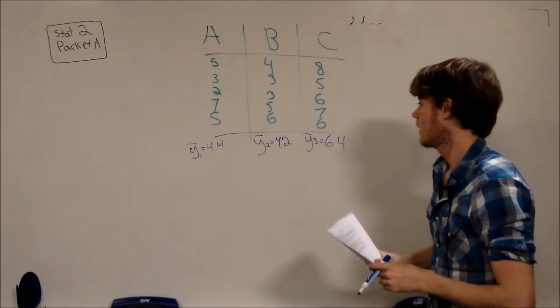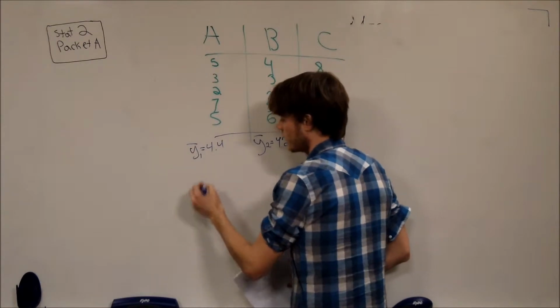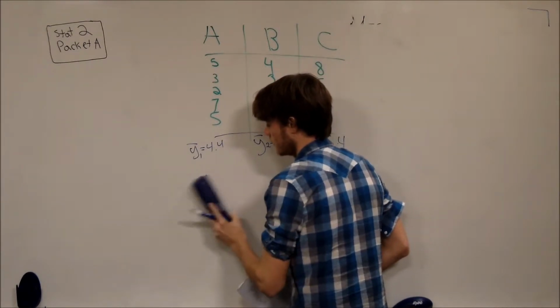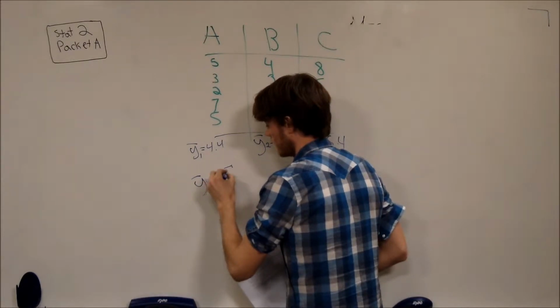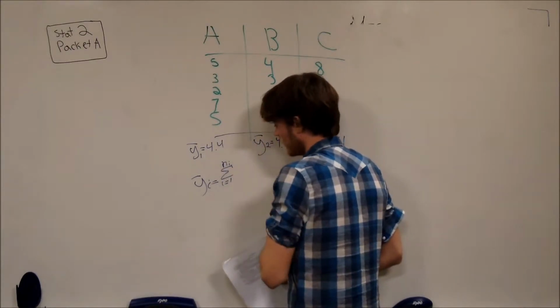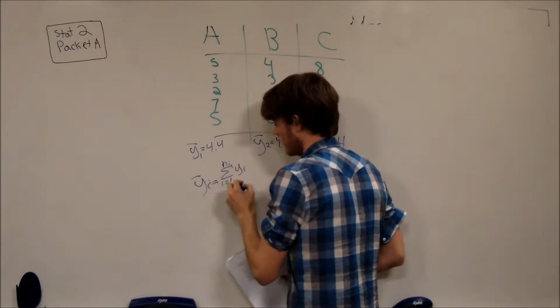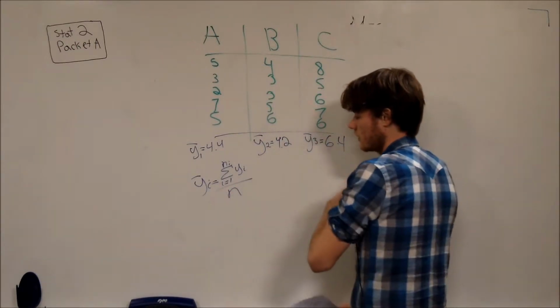Okay, and now y bar i equals the sum from i equals 1 to n_i of the observations, divided by n_i, where n_i is the number of observations in group i. So this is the equation for y bar i, and you do it for all of them.